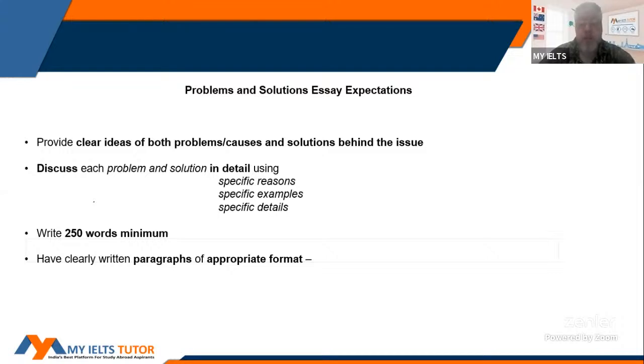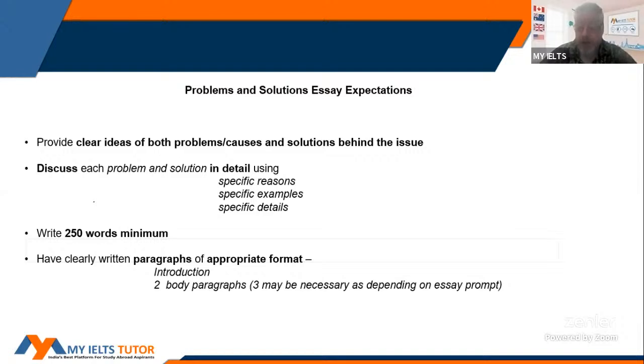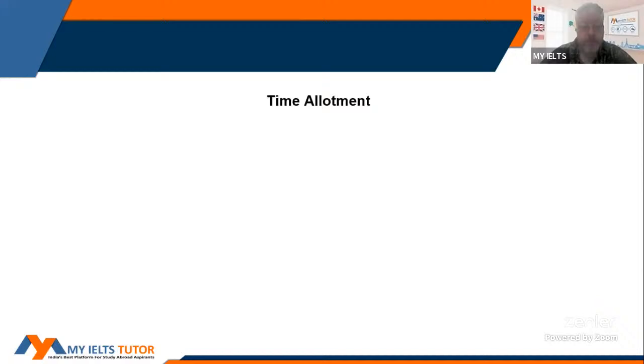And so the appropriate format would be this: your introduction, at least 2 body paragraphs, 3 may be necessary depending on the essay prompt, okay? Depending on the essay prompt. And you'll see why with my example later on. Then your conclusion.